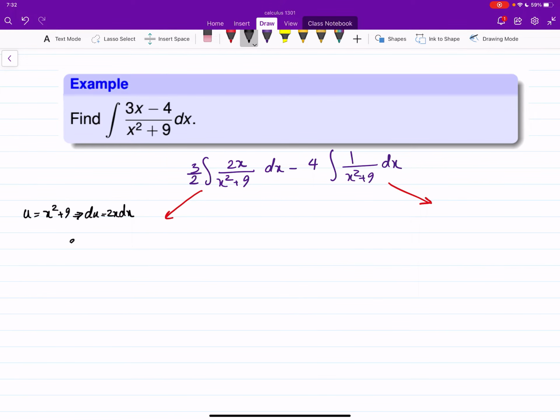And the integral will turn to the integral of du over u, which gives me 3 over 2 ln of the absolute value of u plus c. Let me write the final result here: 3 over 2 ln of x squared plus 9 plus c.